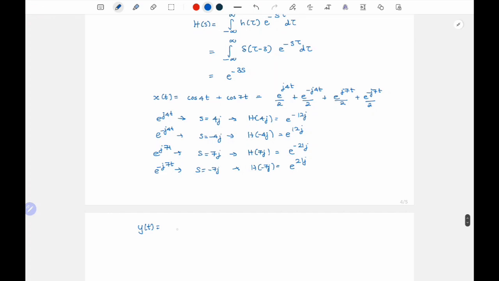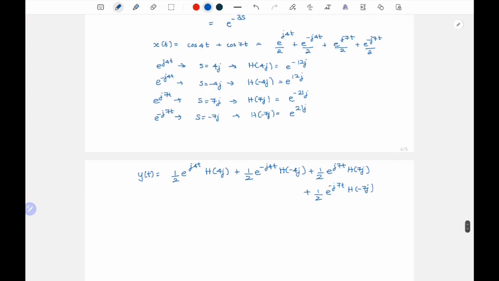Whatever the half e^{j4t} is, it will remain the same and we will get H(4j), plus half e^{-j4t} H(-4j), plus half e^{j7t} H(7j), plus half e^{-j7t} H(-7j), right? And we actually have these values.